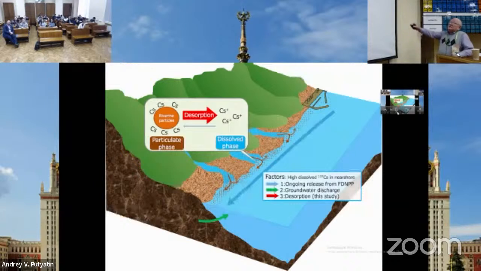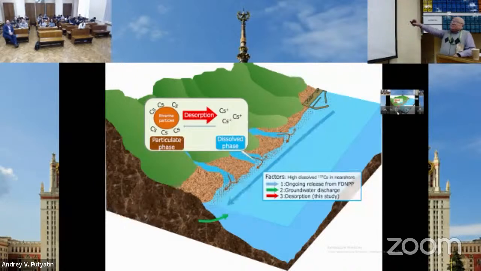And here you can see what is important, that rivers have only 1 milligram per liter of potassium, which is the most important dissolving competitor for cesium. But the ocean has up to 350 or even 400 milligram per liter of potassium.